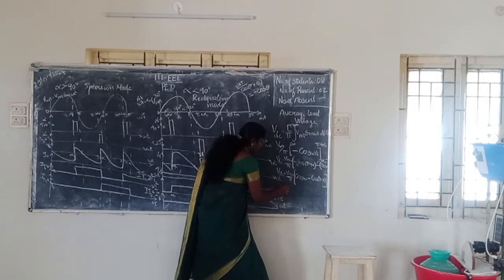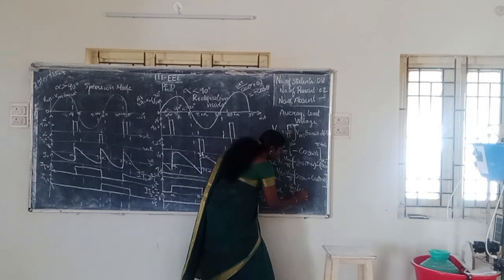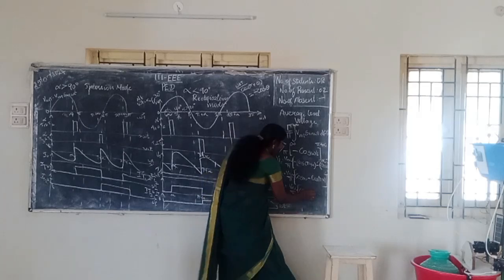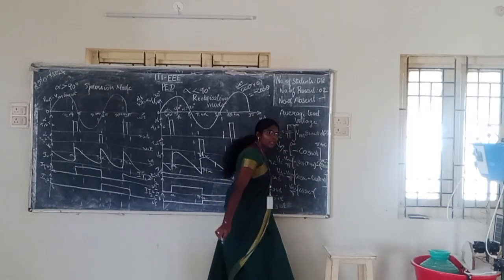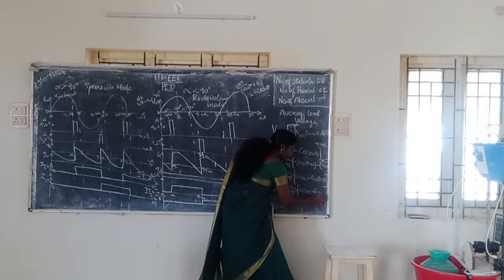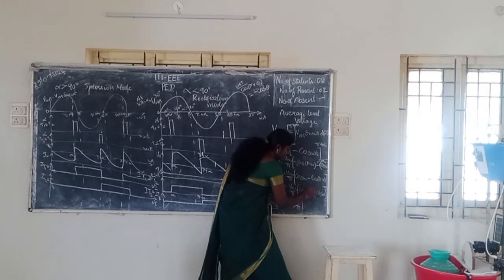So what happened? Vm by pi cos alpha minus of, instead of cos of pi plus alpha, I can substitute minus cos theta, where theta is alpha here. So it becomes Vm by pi, 2 cos alpha.